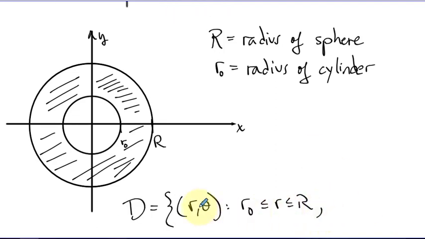The corresponding possible values of theta that determine this region I'll take from 0 all the way to 2 pi. So theta for this entire region ranges between 0 and 2 pi. So that's the region on which I'm going to do the integration.